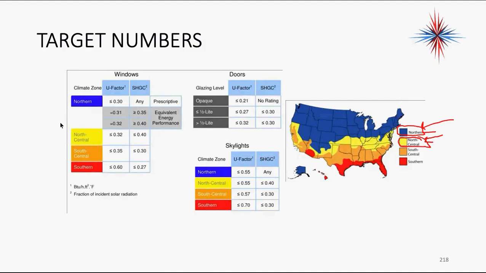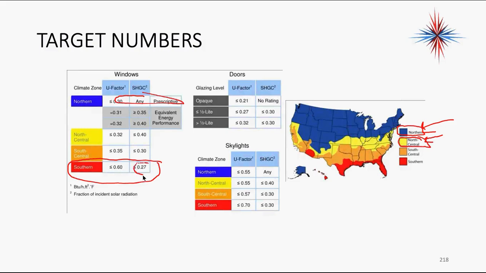Every window has different target numbers for the different climate zones. This is built into building code. So you have to have different U factors for different climate zones. In southern climates, you'll notice that my U factor is pretty high compared with the northern climate zone, so they allow more heat to come through.